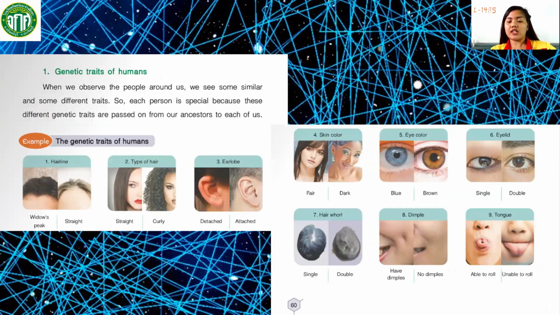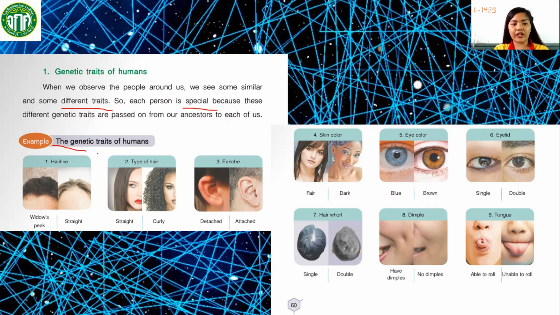Okay, let's go to page 60. So we have here the genetic traits of humans. When we observe the people around us, we see some similar and some different traits. Each person is special because these different genetic traits are passed on from our ancestors to each of us.